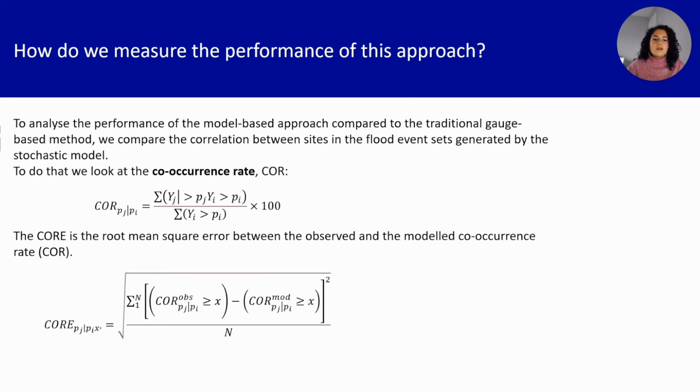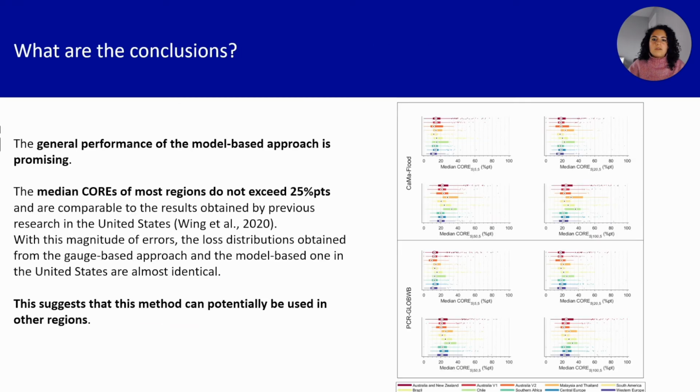And the co-occurrence rate error is the root mean square error between the observed COR and the co-occurrence rate obtained using synthetic discharge. On the right here, we can see the results in terms of co-occurrence rate error in the different areas that have been analyzed for the two global hydrological models.